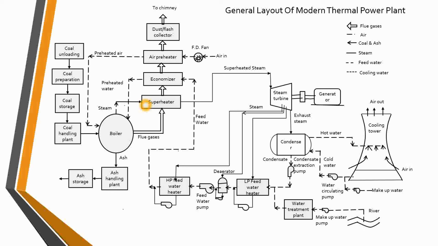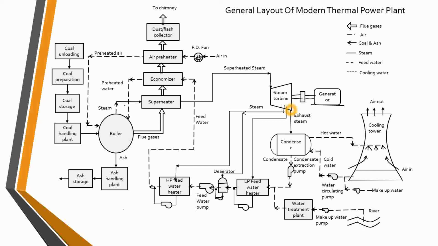Now wet steam becomes superheated steam, and this superheated steam will pass into the steam turbine. The steam turbine is connected with the generator and we get our electricity. At the end of the steam turbine, we get exhaust steam, which is wet steam.